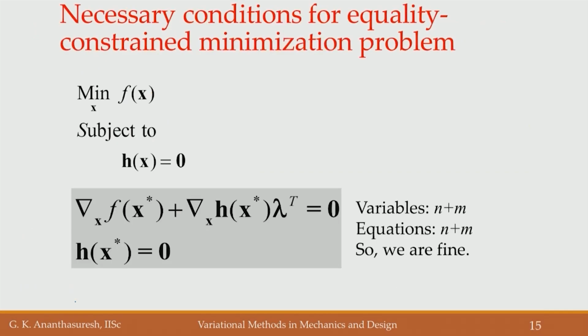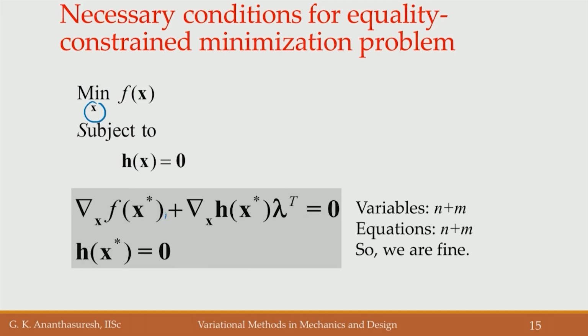Now, with the two variable case necessary condition, we create a general case. I have uppercase X, meaning x1, x2, ..., xn, and h also has m components, h1, h2, h3 up to hm. Then the necessary conditions can be written like this.